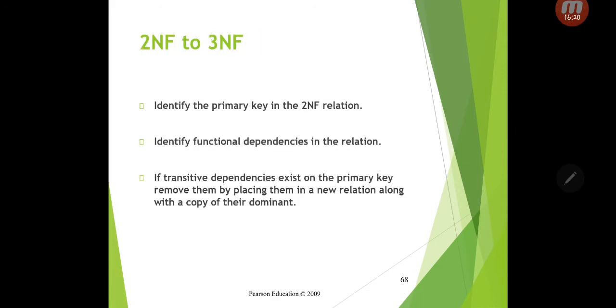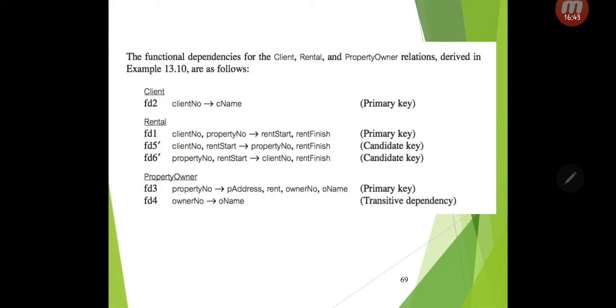Okay, this is the process. After you identify the primary key in the second normalized form relation, you need to remove any transitive in the FD that you identified at first. Okay, we have primary key.